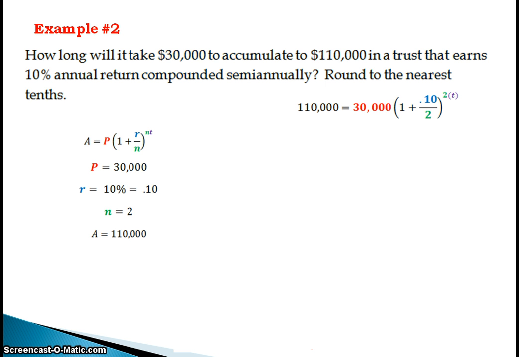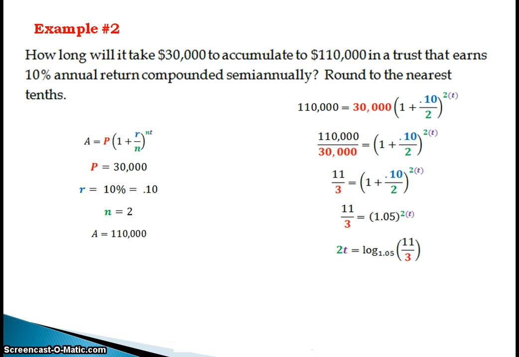So let's get busy and do that. So let's plug in everything that we know. Now, we end up with an exponential equation that we need to solve for the exponent. So we're going to start by dividing both sides by 30,000. Why? Because we want to set this up so that we can find the inverse of this exponential equation, and then solve for t. So we're going to simplify 110,000 divided by 30,000 to 11 over 3.